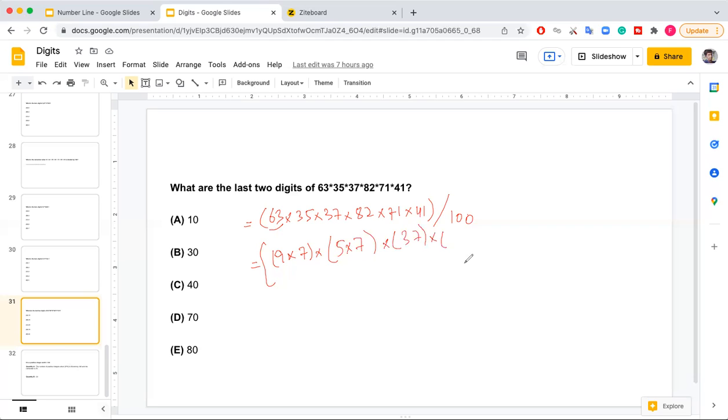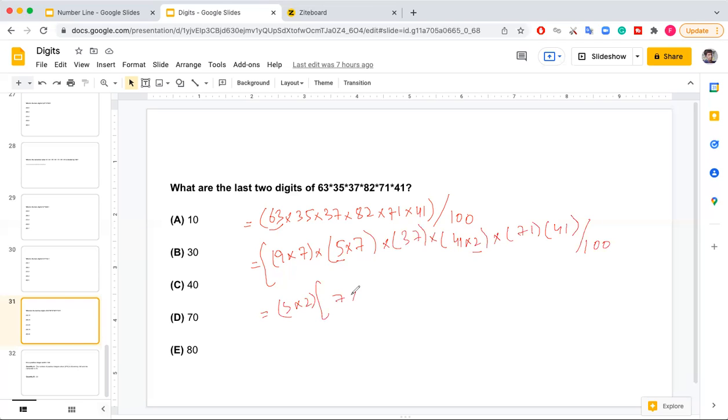What is 82? That is 41 into 2, then 71, then 41, divided by 100. One more thing, we have 5 and 2, so whatever the value is, we just keep 5 into 2 separate.